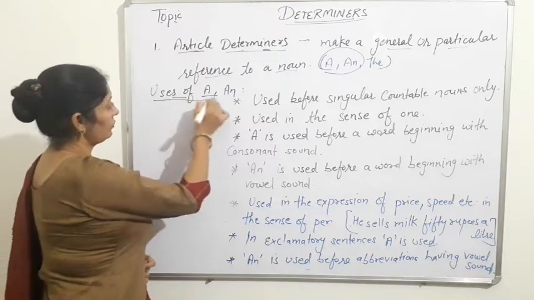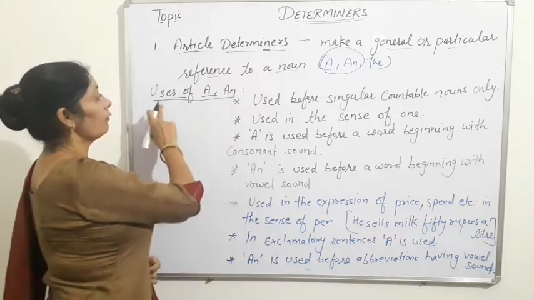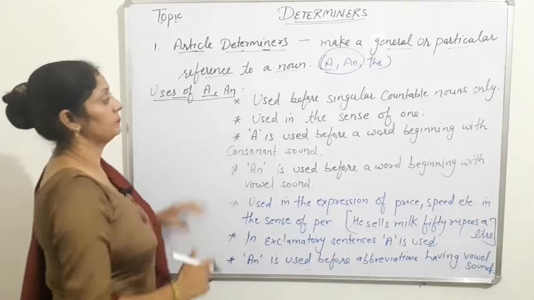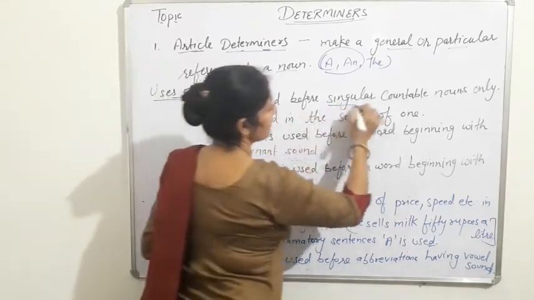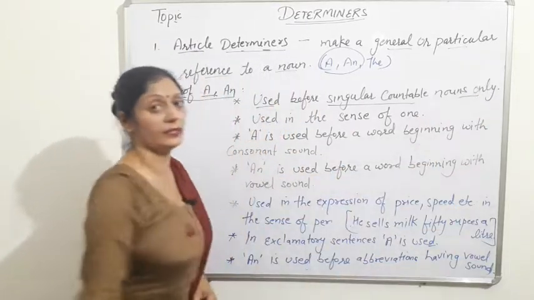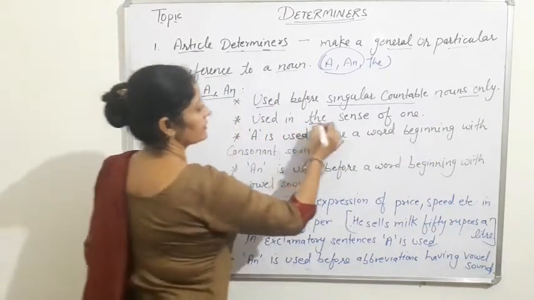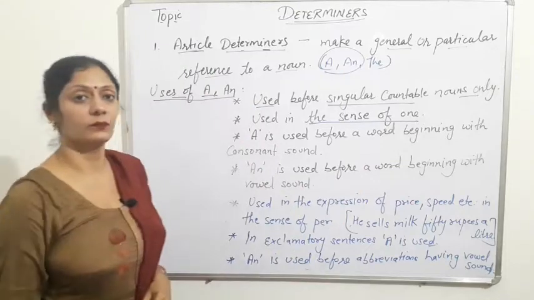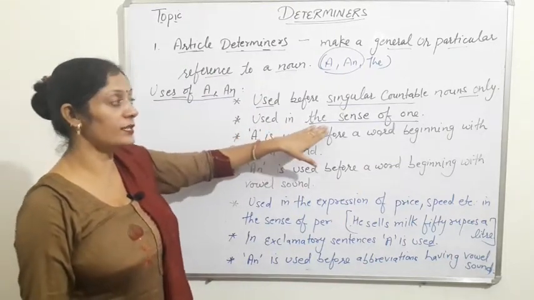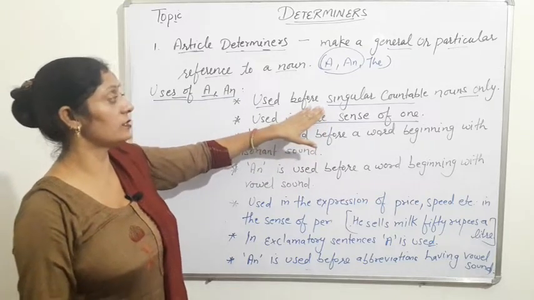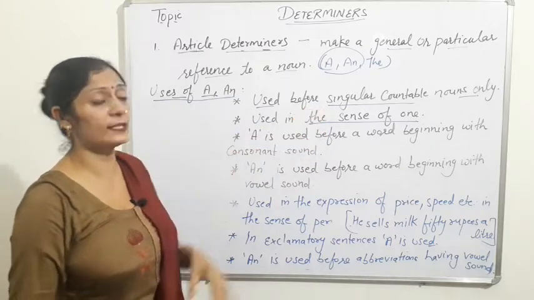First we are doing uses of a or an. First one is a or an used before singular countable nouns only, as it gives the sense of one. Is it clear? A or an used in the sense of one, so these are used before singular countable nouns only.